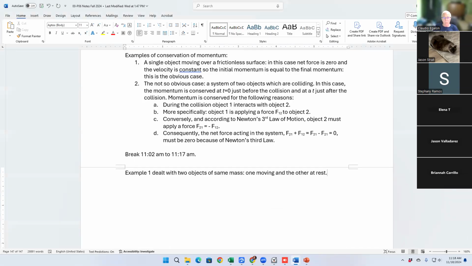Okay, and we can have all sorts of examples. This is the simplest type of example you may end up solving. There are more difficult ones, okay?